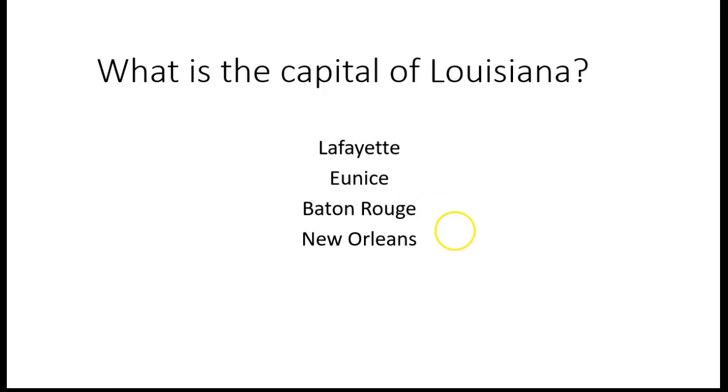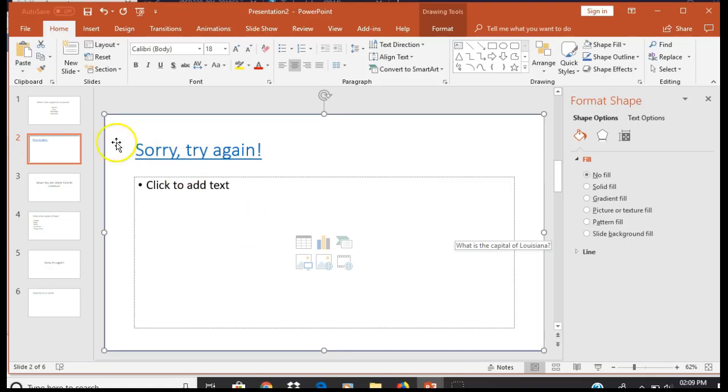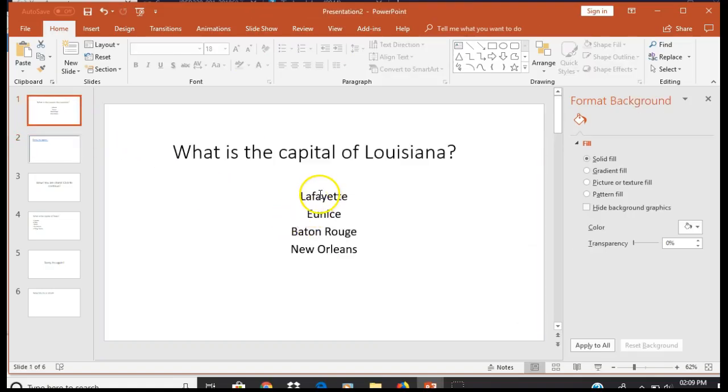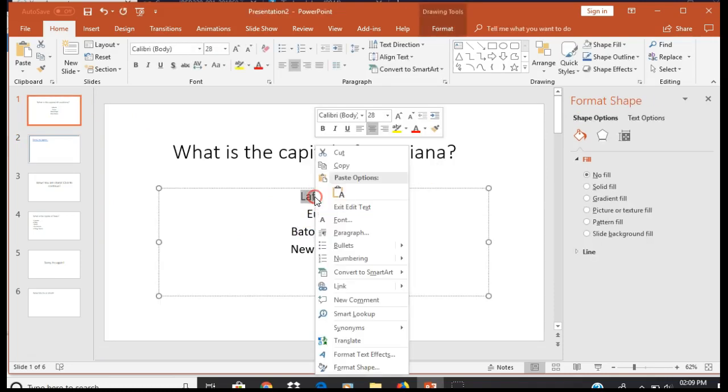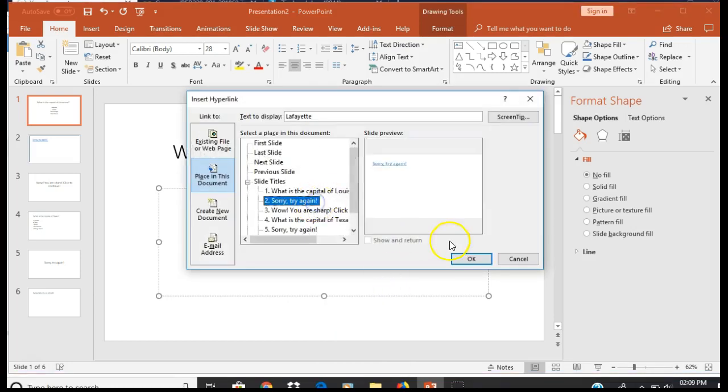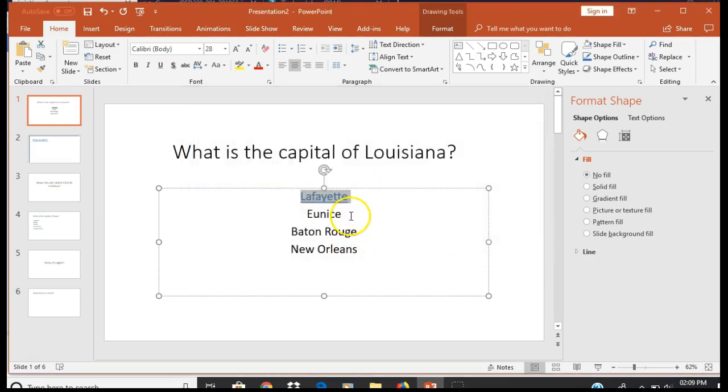Now let's do the selection and hyperlinking of the questions. Certainly this is not the right choice, but let's try it. Okay, we hyperlink it to the "sorry, try again." Again, Eunice.